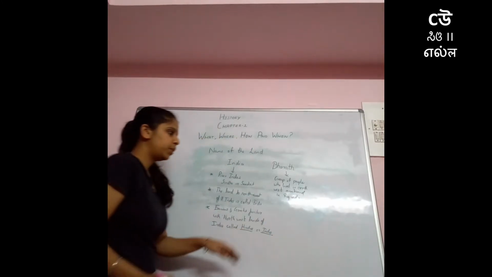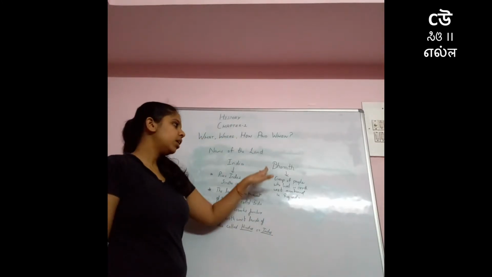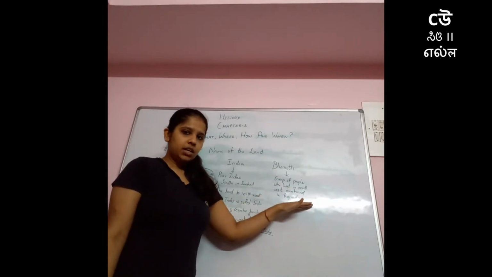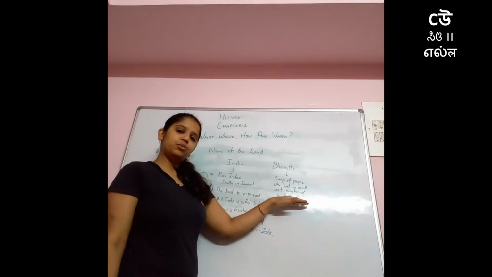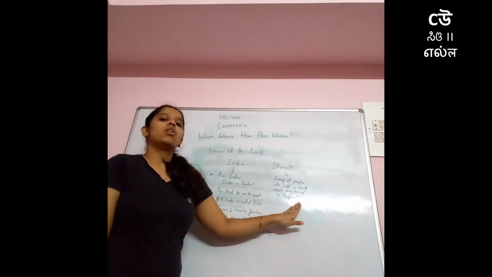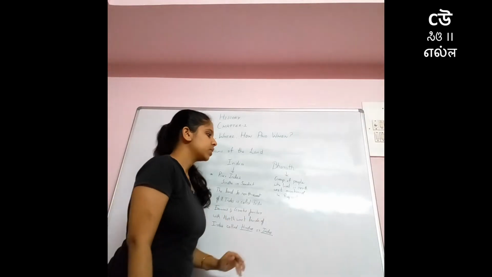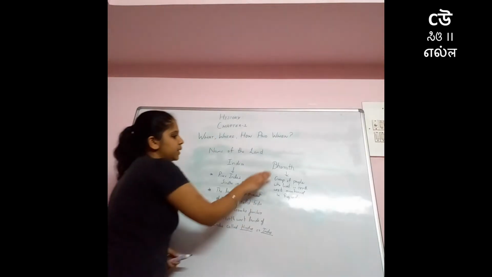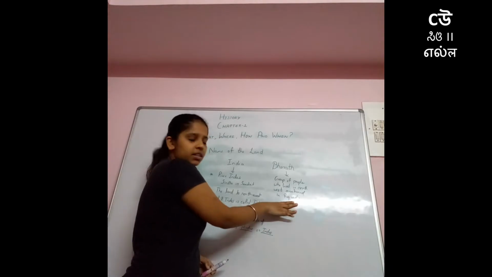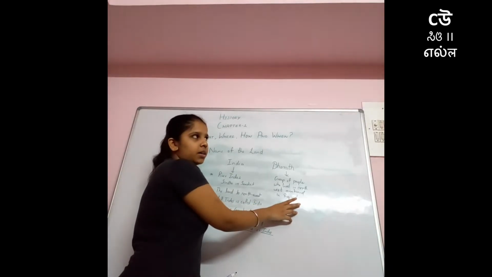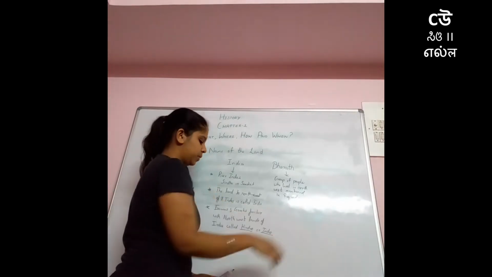This group of people who lived in the northwest were called Bharat, and they were also mentioned in Rigveda. So Rigveda is one of the earliest or oldest Veda. So there is a mention of these people in this book or in this literary source.